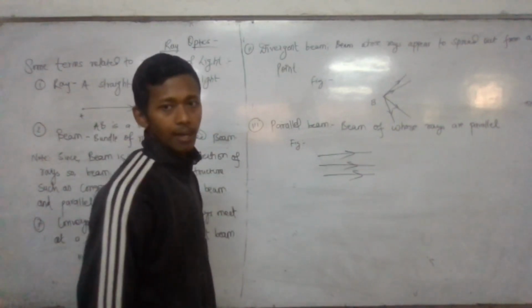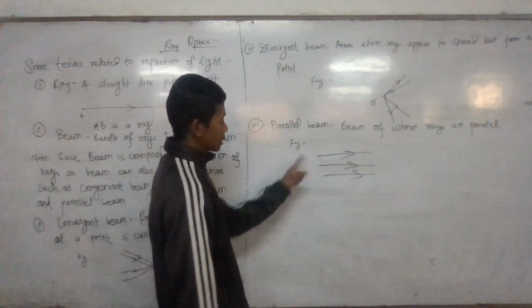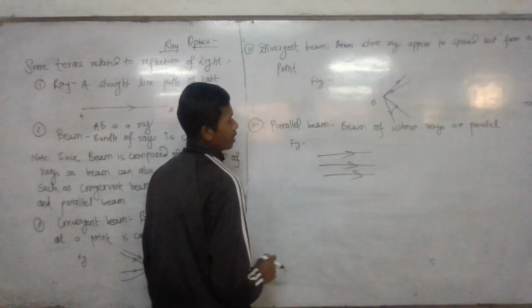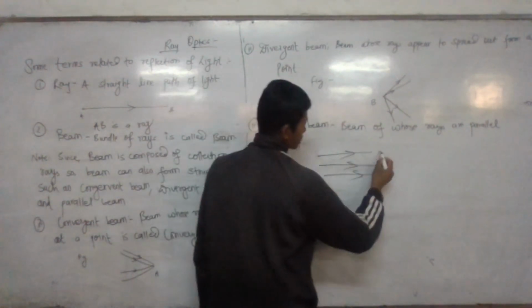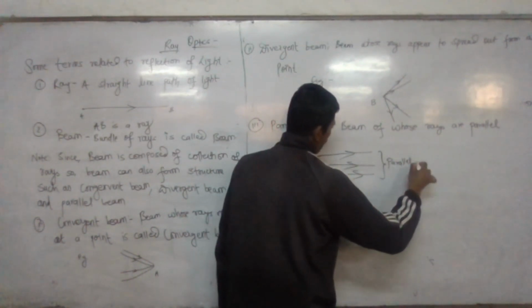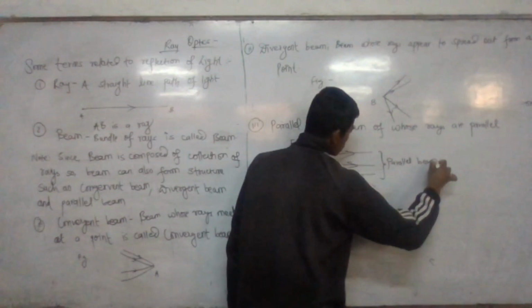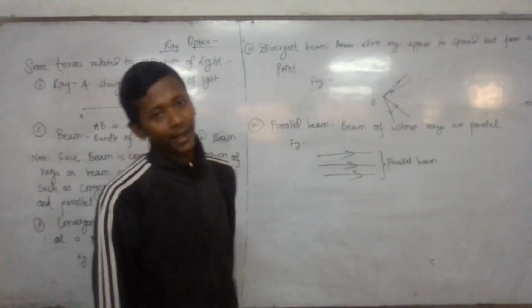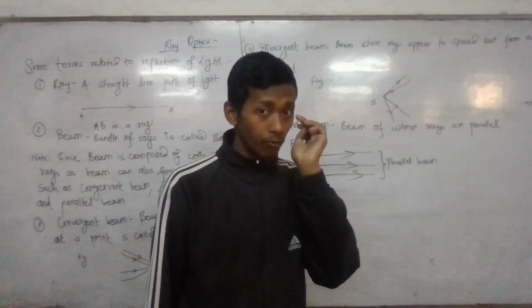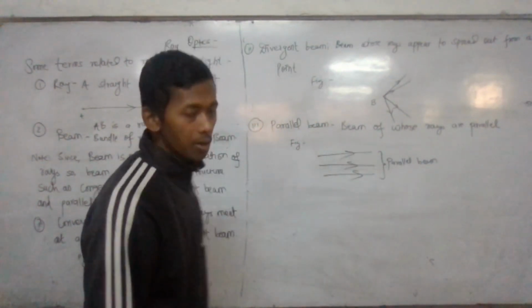All these lines are parallel. Parallel beams mostly come from a distant source like the sun. Whatever rays you get from the sun, those all are parallel rays.